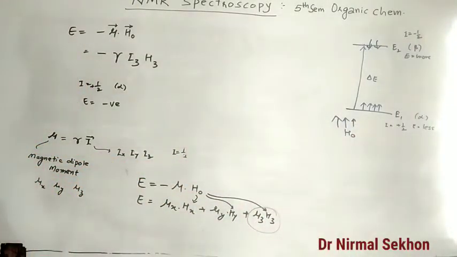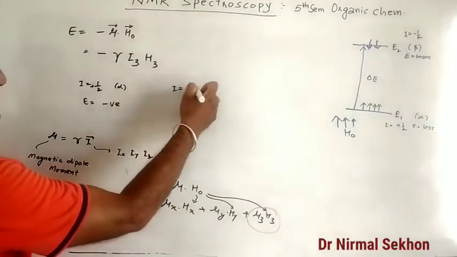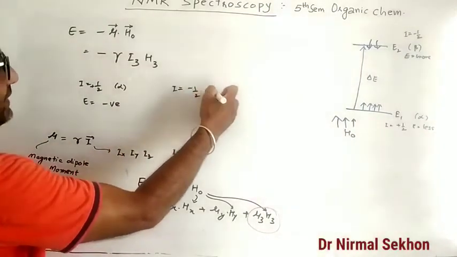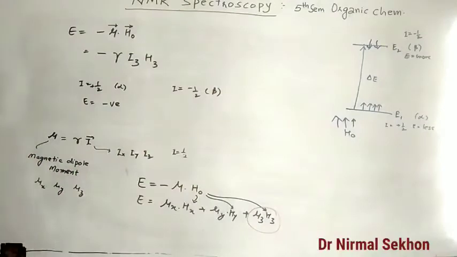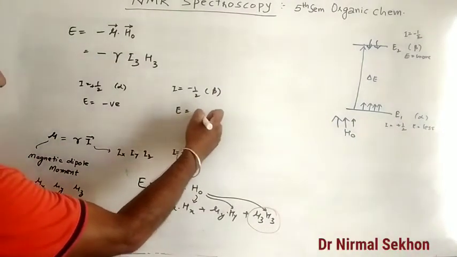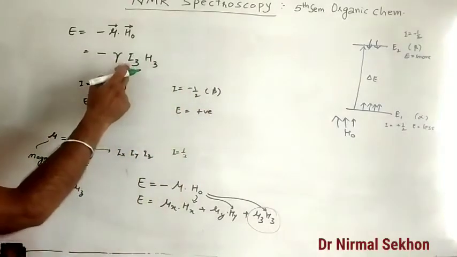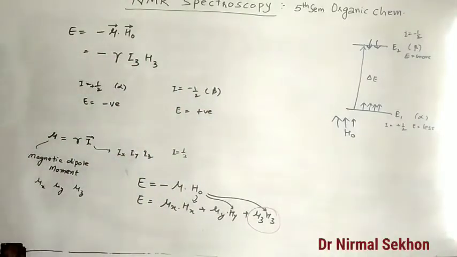So the alpha state has lower energy. When we put I as minus half, which we designate as beta, the energy becomes more, it becomes positive, because minus times minus becomes plus. So that's why the energy of beta is more than alpha.